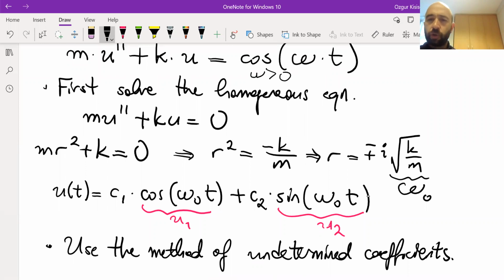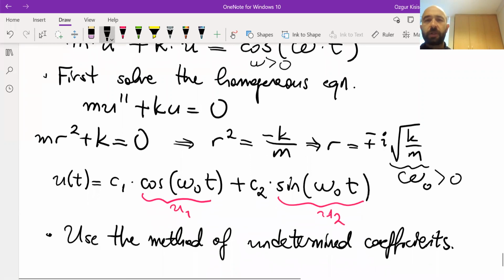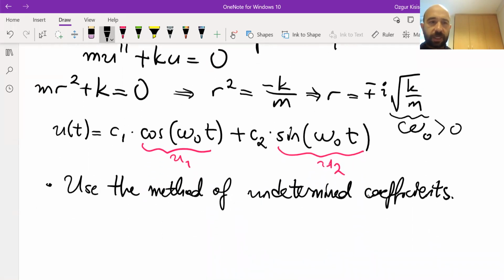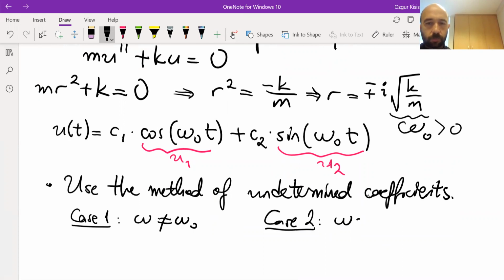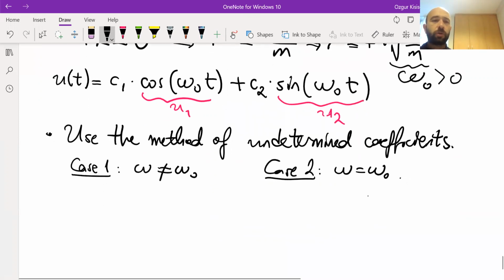And omega 0 by choice is positive, so we are talking about positive numbers for frequencies. Now, there are two cases, omega not equal to omega 0 and omega equal to omega 0. They'll require different guesses for the solution. Right, let's concentrate on case 1.